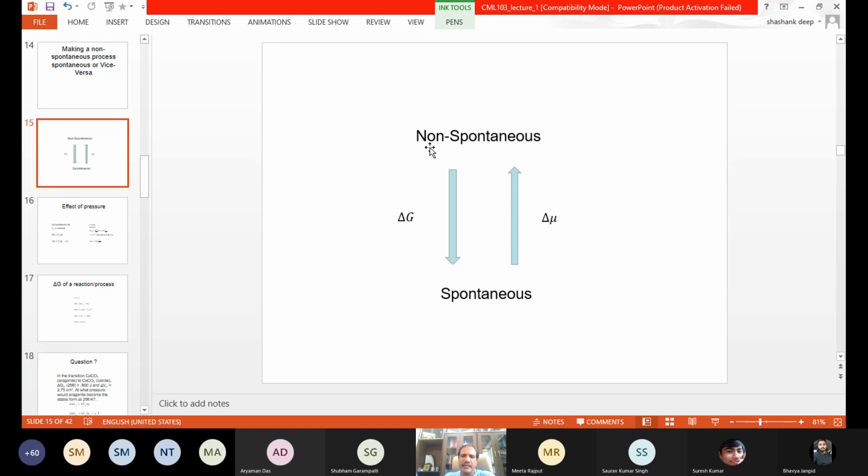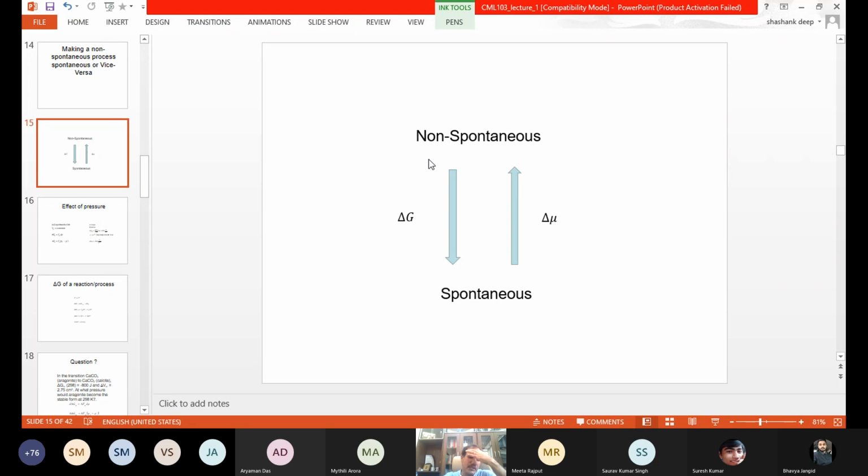If delta G is greater than 0, it is non-spontaneous. If a process is non-spontaneous, meaning delta G is positive, and you want to make it spontaneous, then delta G should be less than 0. So the idea is to make delta G go from positive to negative.